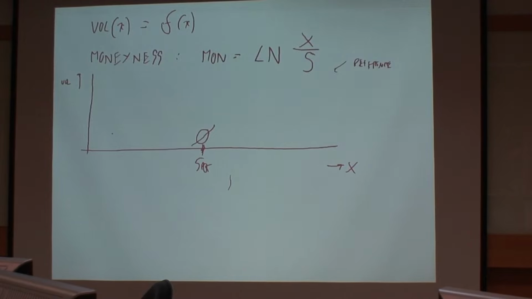Strikes that are smaller than my spot price, so out of the money puts. If I take the log normal of a number between 0 and 1, it becomes negative. So over here I have negative moneyness. On the other hand, for out of the money calls, I look at a strike that is bigger than the spot, and the log normal of a number above 1 is positive. So over here we have positive moneyness.